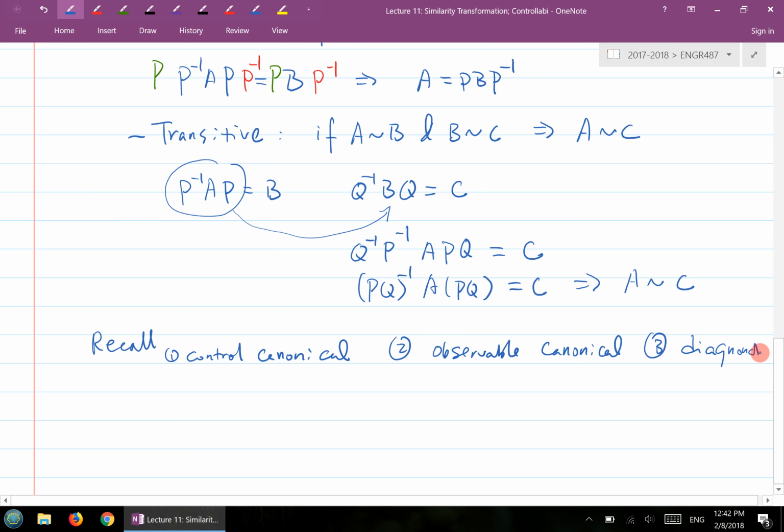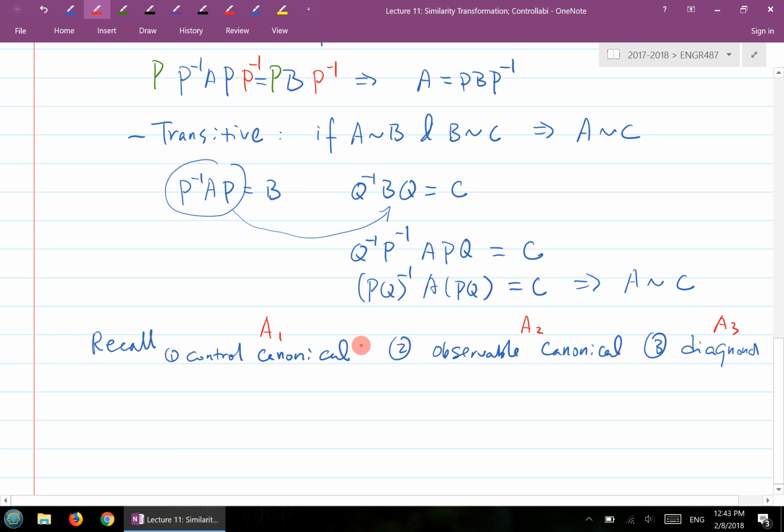So for example, if we denote each one of these forms using the matrices A1, A2, A3, different forms have different matrices.